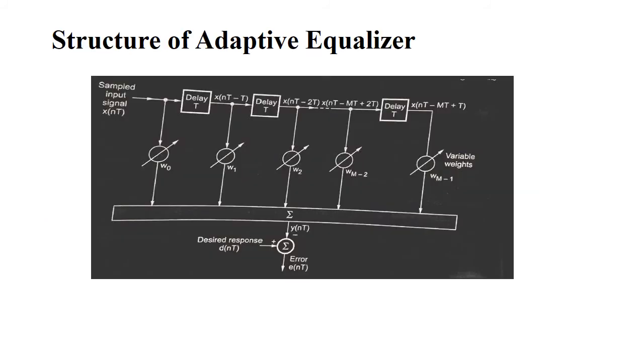So next one is the structure of the adaptive equalizer. In adaptive equalization, the filters will adapt themselves to the dispersive effects. The filter coefficients will be changed in a way that the distortion in the data is reduced. There are many types. When equalization is done at the transmitting side, it is called pre-channel equalization.